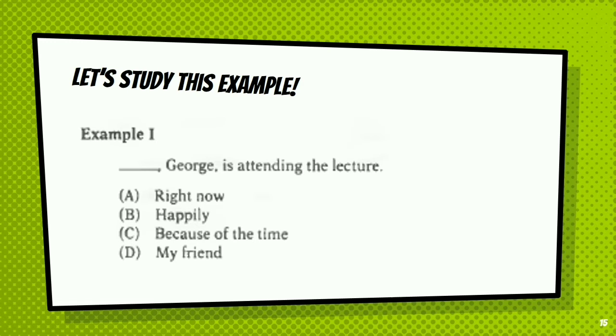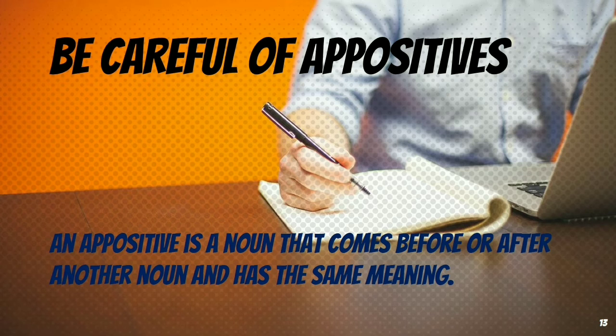From this sentence, we can see that the sentence has a verb, namely is. But is there any subject? Is George a subject? George in this sentence is an appositive, because it is enclosed by two commas. So the subject is actually missing. We have to find the subject in the answer options. And the only subject in the options is D, diamond, my friend. Therefore, the answer is D, diamond. If we don't know the concept of appositive, we will think this sentence is complete, with a subject, George, and a verb, is. So we would choose another answer, and that is wrong. So the concept of appositive is very important.